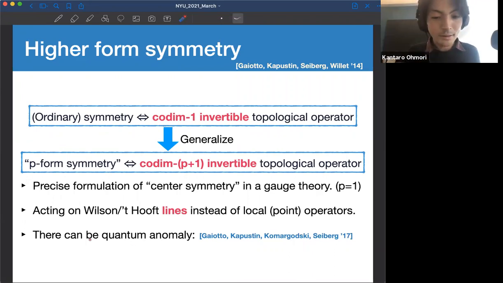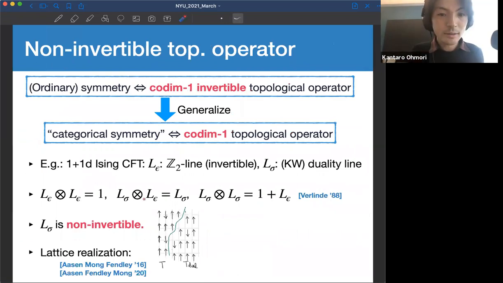So there was a huge development, and one of the applications was also made by almost the same set of authors, about pure Yang-Mills. And I also have various contributions. But the main focus of today's talk is yet another generalization, and that's obtained by dropping the other condition, which is the invertibility condition.